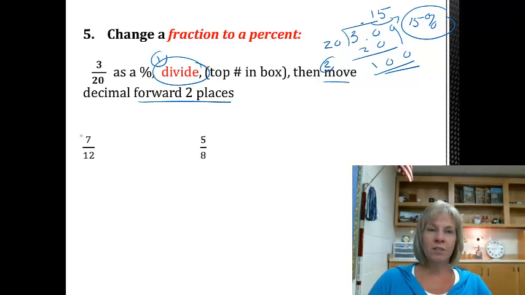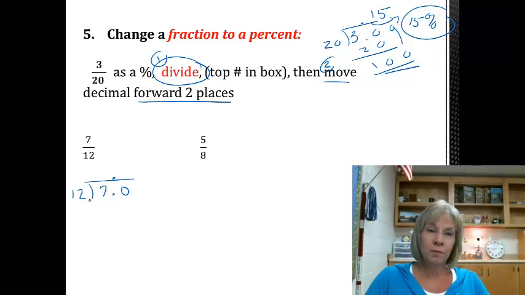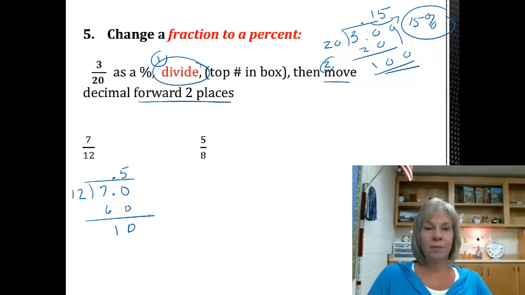All right, let's work out 7/12. So we need to divide 7 by 12. Okay, 7 won't be divided by 12, so we need to add our decimal and our 0. 12 goes into 70 5 times, which would be 60, and 10.